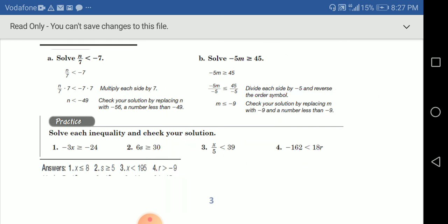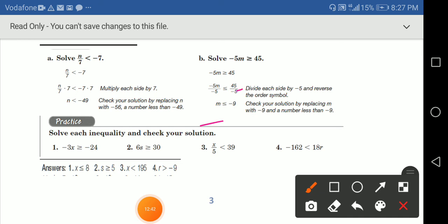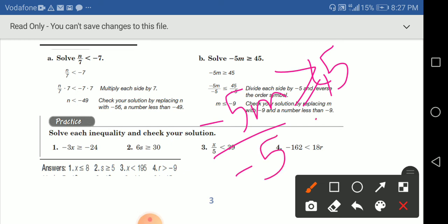Here we have another one. Negative 5m greater than or equal to 45. I need to divide both sides by the coefficient of m, which is negative this time. When I divide or multiply by a negative, remember, my dear students, I change the sign to the inverse, and instead of greater than or equal, it will be less than or equal.